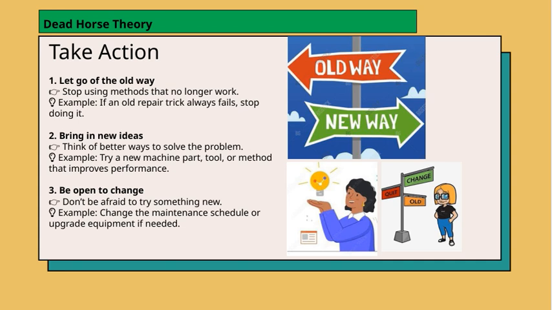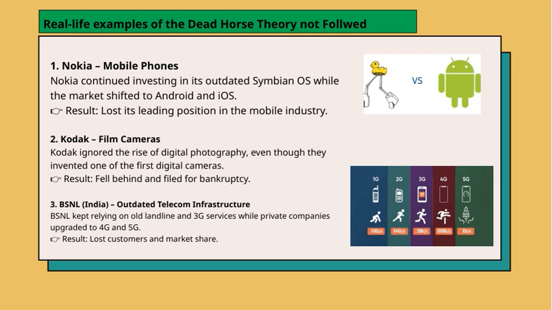Let's look at some real-life examples of the dead horse theory not being followed. First, we have Nokia and mobile phones. Nokia continued investing heavily in its outdated Symbian operating system, even as the market was shifting rapidly toward Android and iOS. This resistance to change or pivoting led to them losing their leading position in the industry.